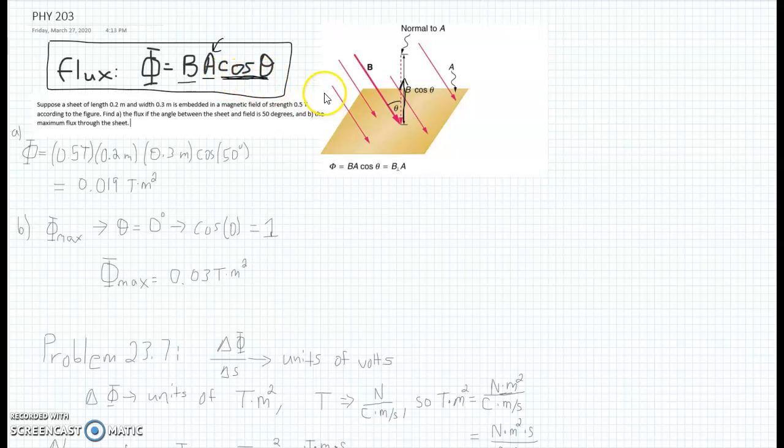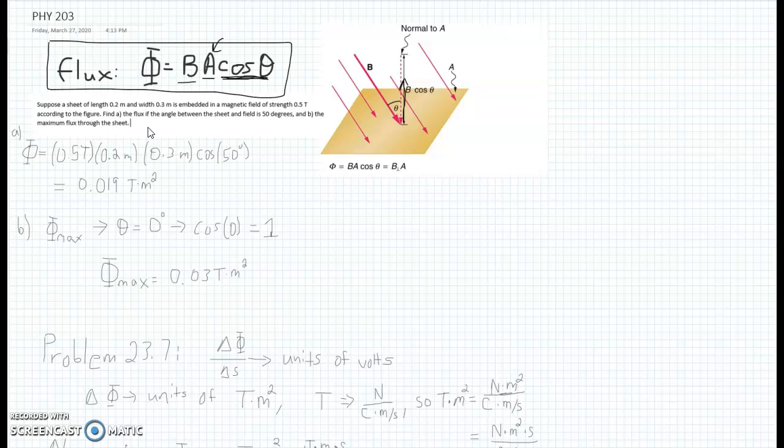If the angle between the normal and the field is 0, then that means that the field is going straight down through the area. So in this first example, suppose we have a sheet of length 0.2 meters and a width of 0.3 meters, and it's embedded in a magnetic field of strength 0.5 Tesla, and we've got our figure here.